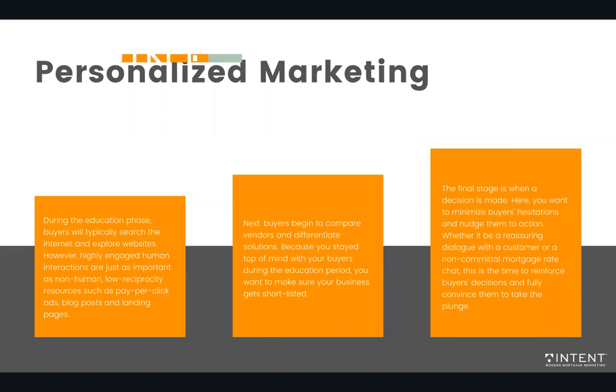During the education phase, the buyers are going to be online, right? We already know this. They're on Zillow, they're on realtor.com, they're checking out houses. But they really do want a human being to be helping them, and that is such a huge component for you. And then they begin to compare different lenders, right? Maybe they compare real estate agents, maybe they compare lenders. They may be smart enough to go and find out rates at different places.